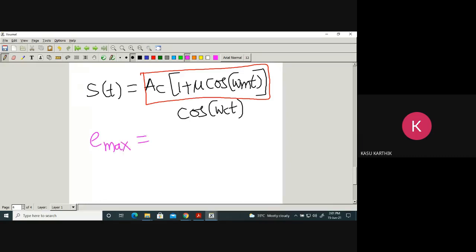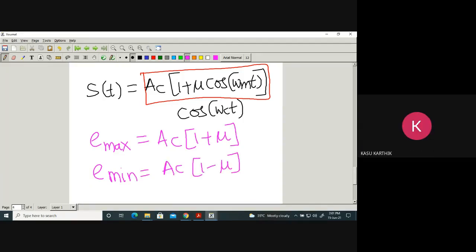What is the maximum of cos omega mt? 1. So the maximum is Ac into 1 plus mu. What is the minimum? Ac into 1 minus mu.